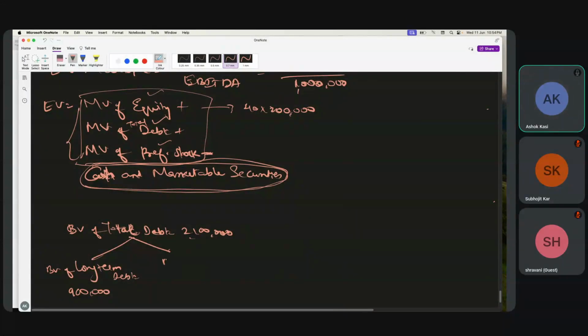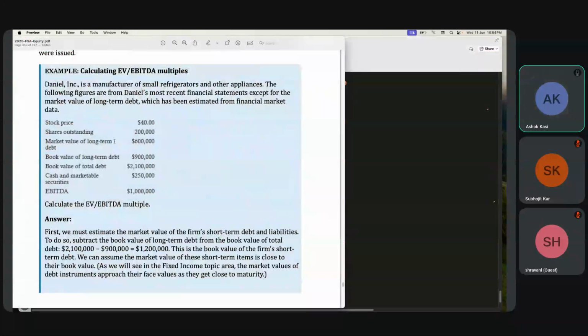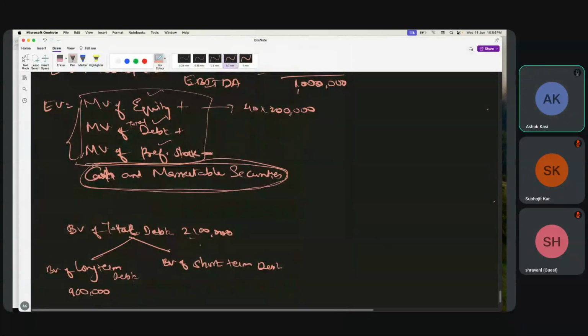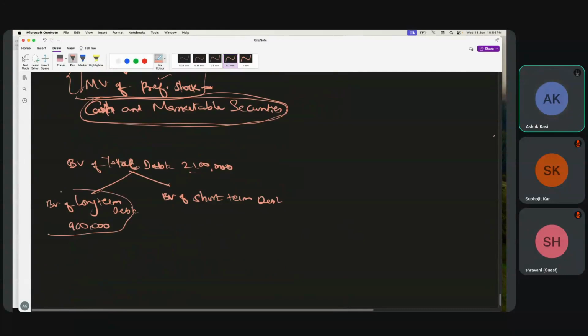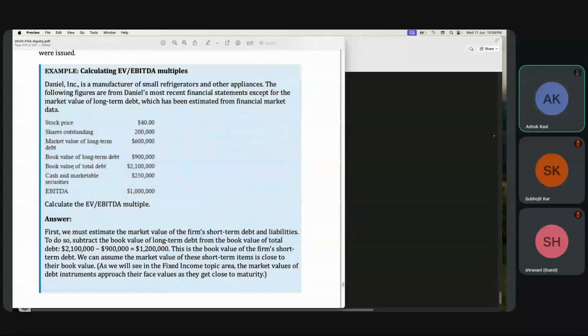Then book value of short-term debt should be what? It is not given. Here they have given the market value. Market value of long-term debt is how much? Market value of long-term debt is 600,000.